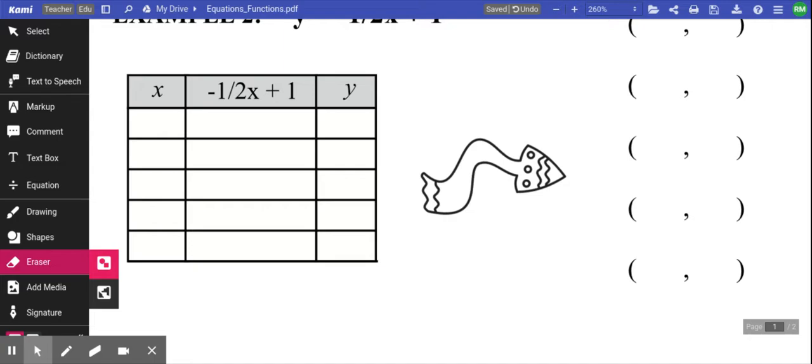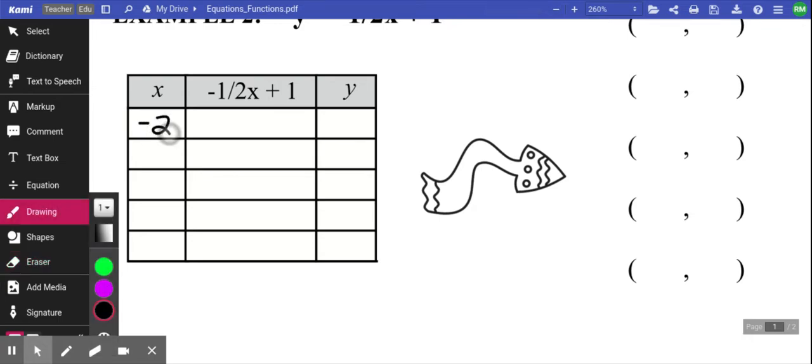Everybody see this example? Up at the top, it's on the first page. Okay. Here is our function. Our values that we're going to use for x are going to be the same as they've been: -2, -1, 0, 1, and 2.